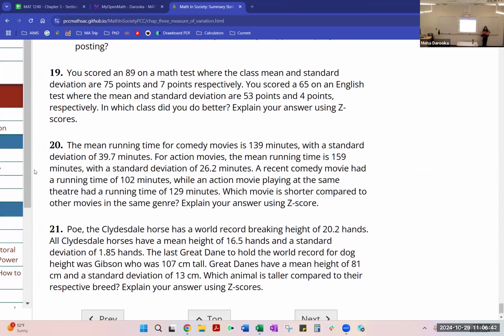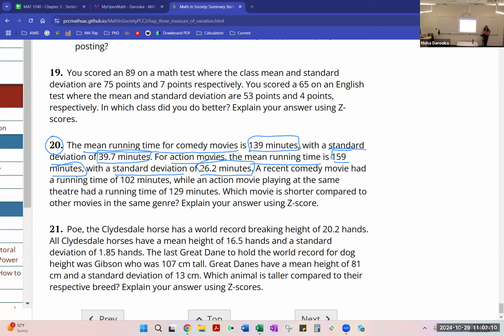Number 20 here is talking about the mean running time for comedy movies, which is 139 minutes with a standard deviation of 39.7, but for action movies, the mean running time is 159 minutes with a standard deviation of 26.2.